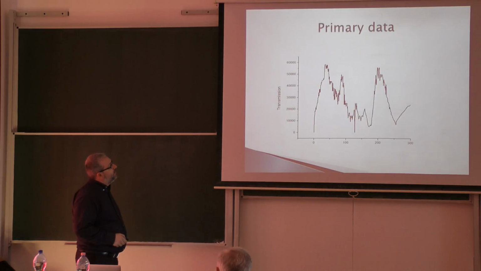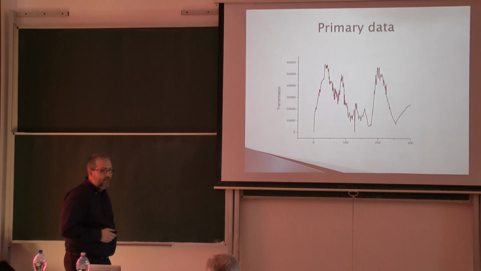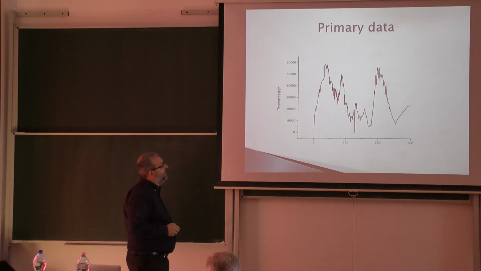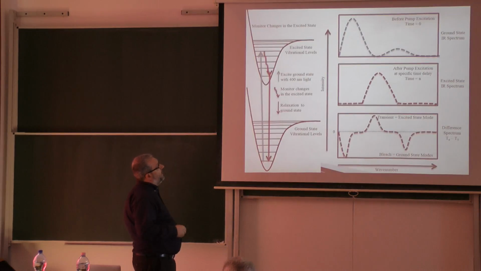So this is the primary data that we are measuring. And as I mentioned, if your protein itself has a huge normal steady-state absorption, this means that you will have a very small amount of light going through your sample. That's why you have to decrease the thickness of your cell.